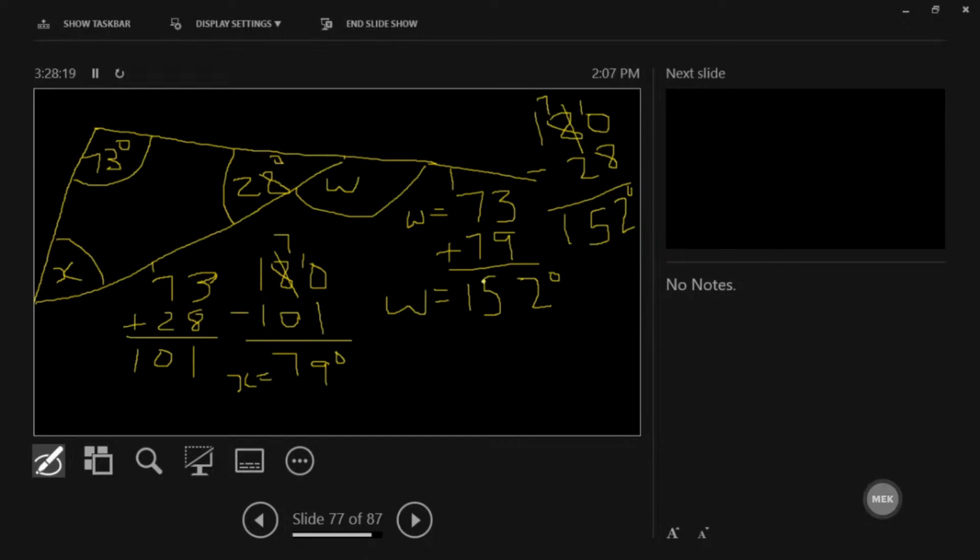So we can add them up and we get W. Or we can focus here. Angles on a straight line add up to 180 degrees. So we know one of them, take it from 180 and we'll get the other one. All right, so let's move on and on and on.